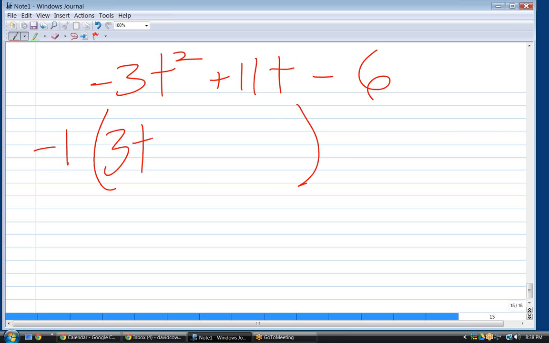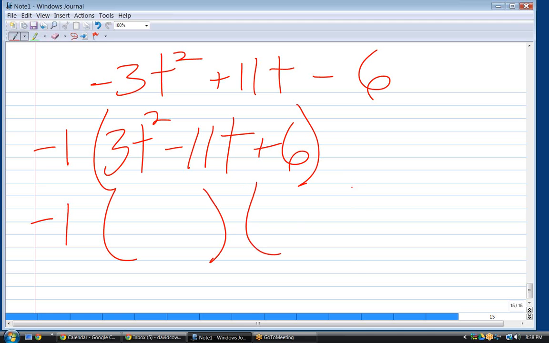positive 3t squared minus 11t plus 6, which is exactly what you said. Change the signs on every term. But I can't just change the signs. I have to factor out a -1 in order to do it. Okay, well, that comes down. Now I've got two things.